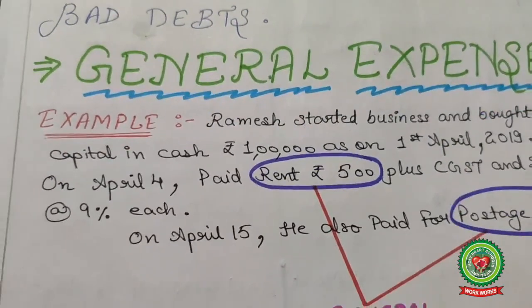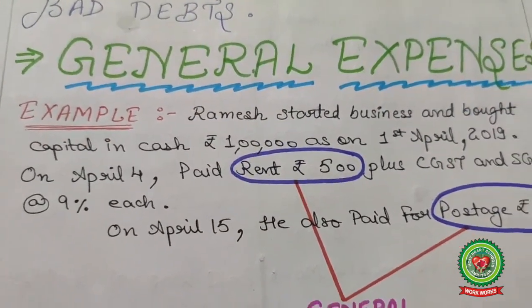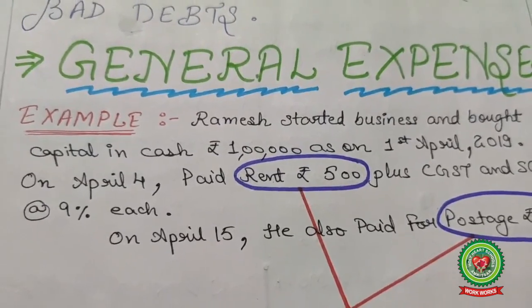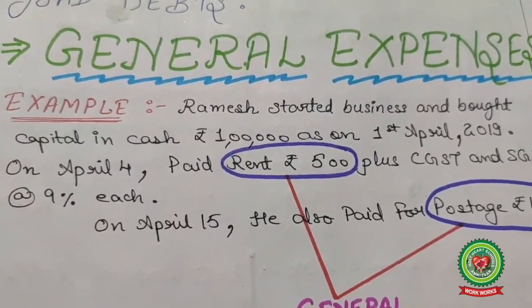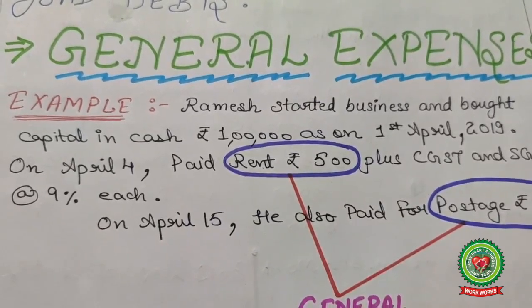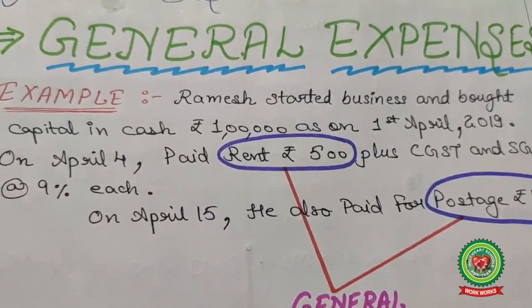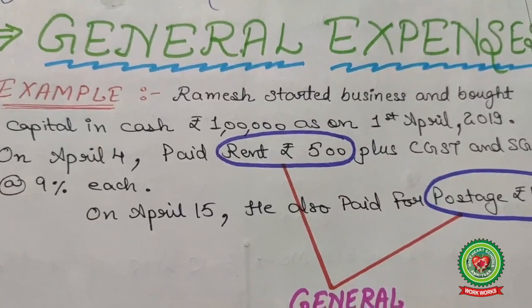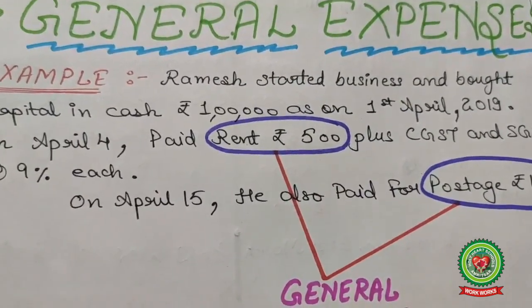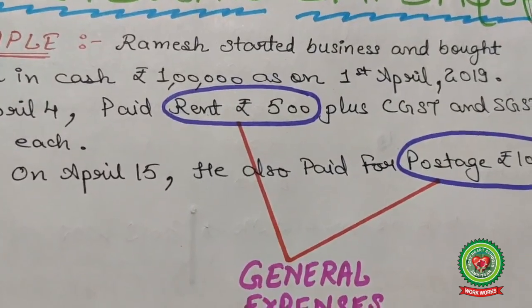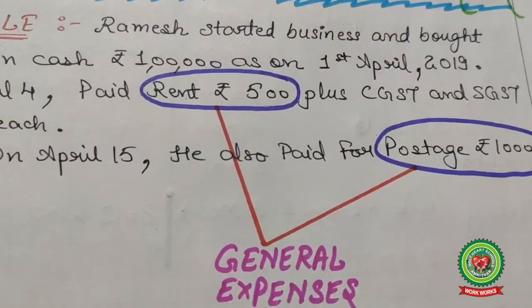Now the next term is journal expenses. So Ramesh started business and brought capital in cash of rupees 1 lakh on 1st April 2019. On April 4, he paid rent 500 plus CGST, SGST at 9% each. On April 15, he also paid postage 1,000.